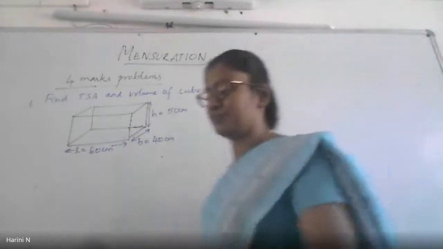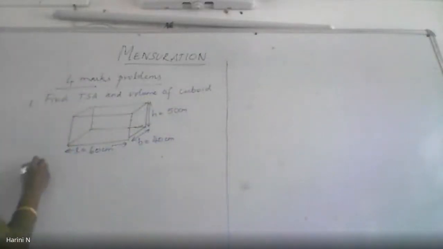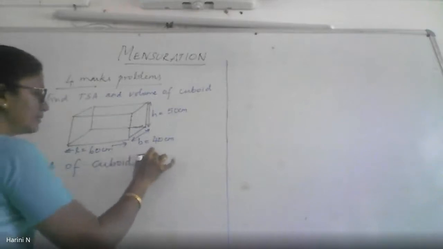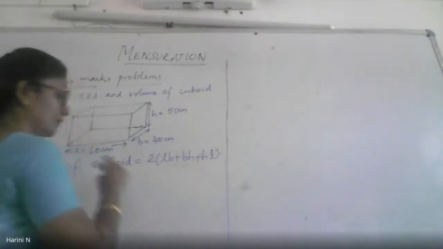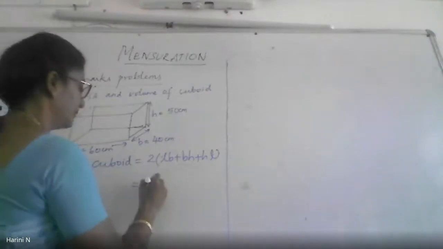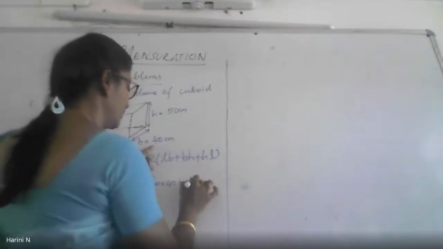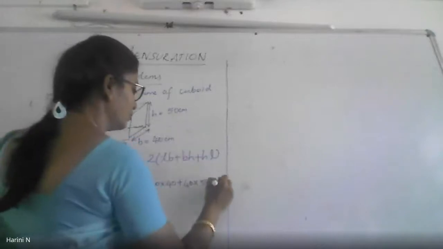So come on, substitute it. TSA of cuboid equals 2 times LB plus BH plus HL. So substitute it now. 2 times L into B. L is 60 into B is 40 plus B into H, 40 into 50, plus H into L, 60 into 50.